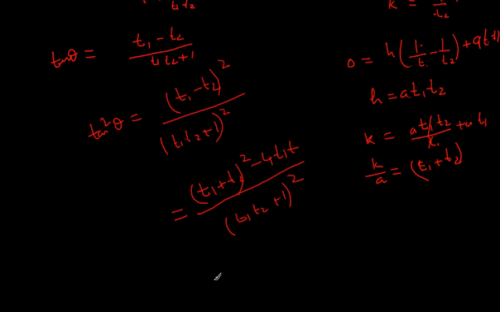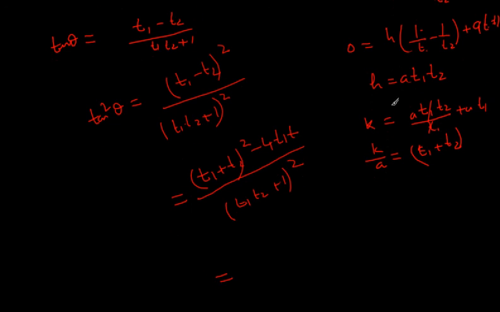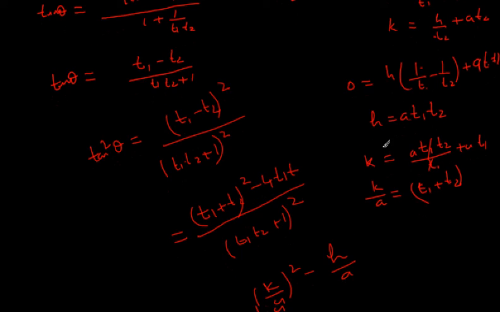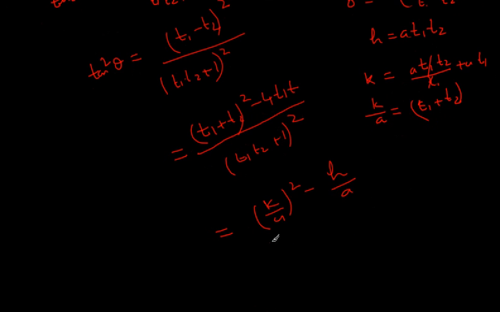Now you have all those values, just put them in and you will get the result. t1 t2 means h by a, t1 plus t2 means k by a. So you have (k by a) square minus 4 times h by a, divided by (h by a plus 1) square, and that is equal to tan square theta.